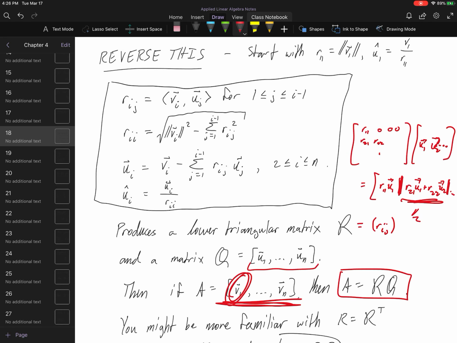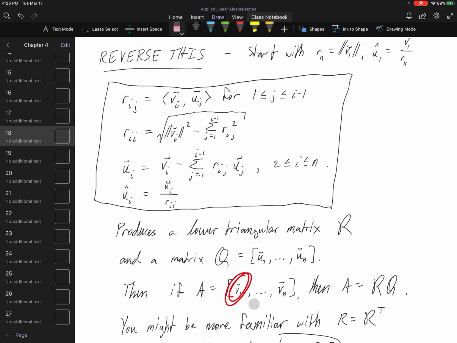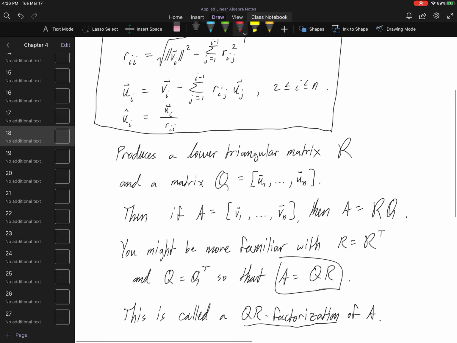And then so on, I can continue that. But the point is that this is now V2. So if I put the original beta basis into a matrix, then I can use this orthogonal set of vectors in the matrix Q, multiply that by R, and I wind up with the original basis.